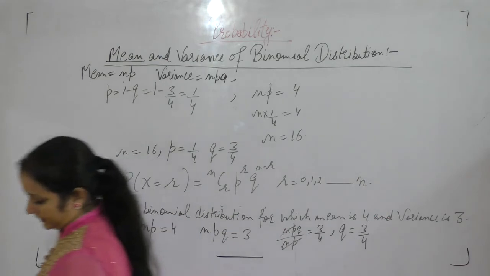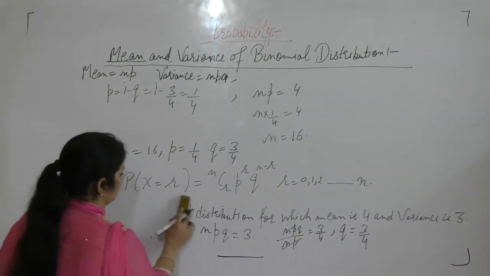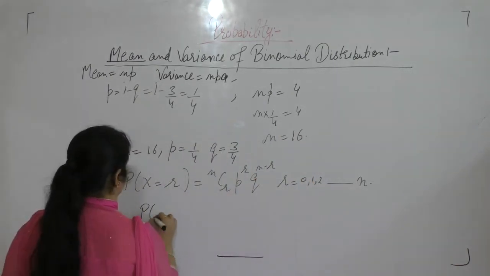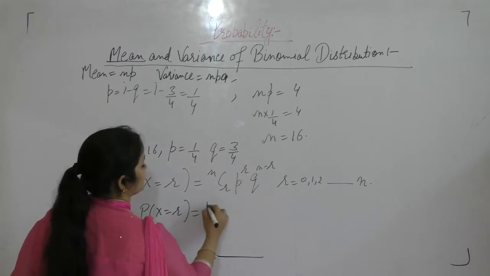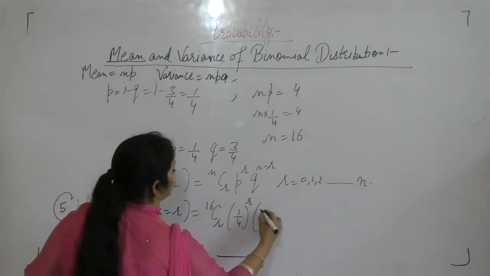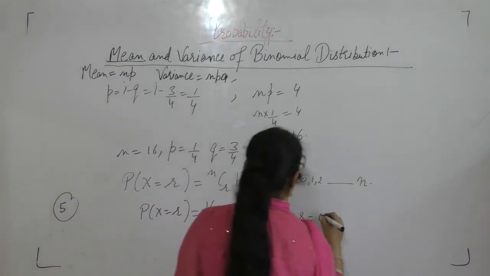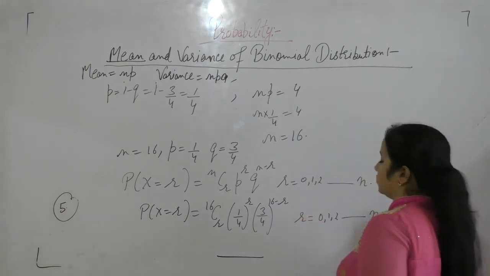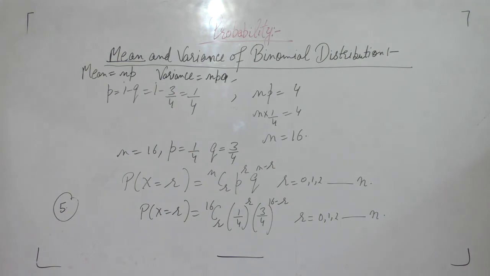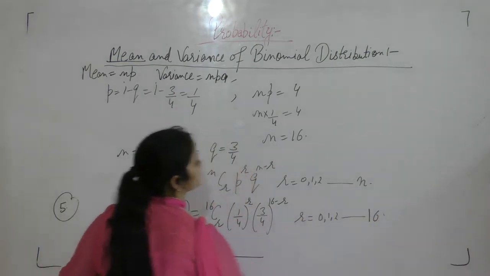So probability x equals r is equal to 16Cr, n is 16, p is 1 by 4 power r, q power 16 minus r, r has value 0 to n. n is 16 here, so we can write the value here 16.